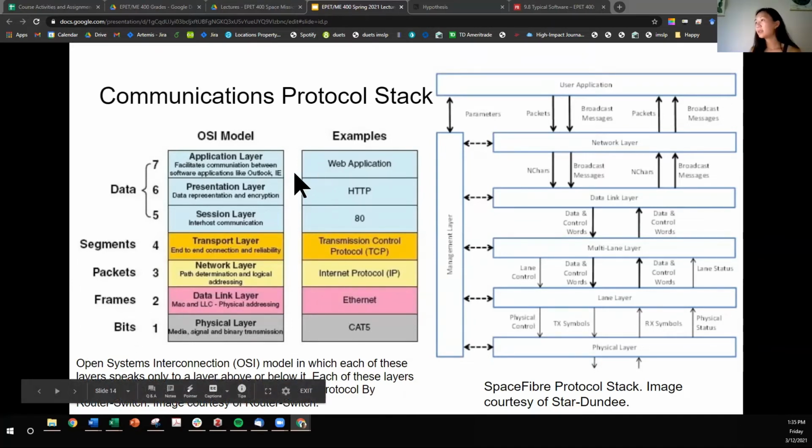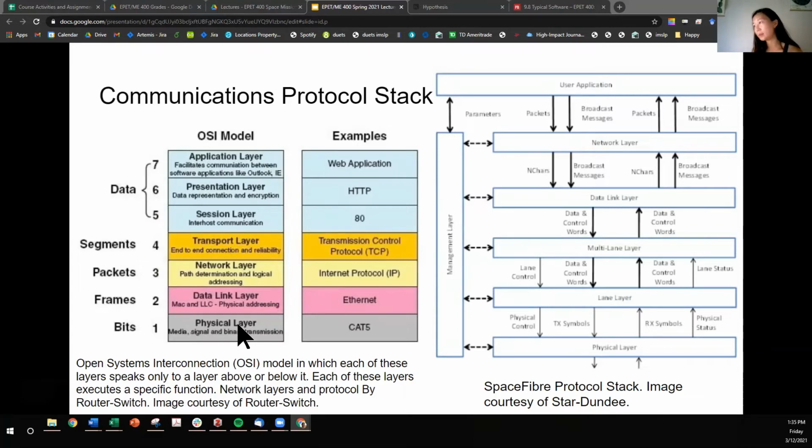Some examples, I think it's good to latch onto what instantiations of these layers you typically see. If you were to interface with a web application, say on your computer, then your application layer would be a web application. Your presentation layer would be HTTP.